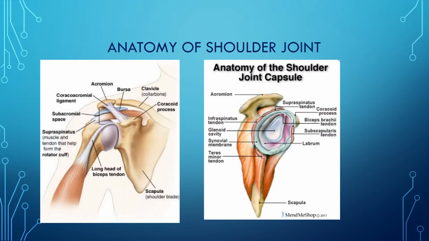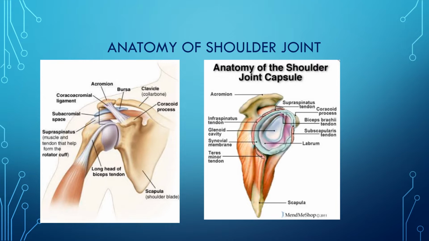So a quick overview of the anatomy of the shoulder joint. It's a capsular joint, and so you have the capsule of the glenohumeral joint. Around this you have various tendons that insert in and around the humerus and glenoid.